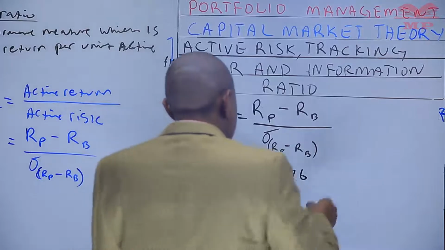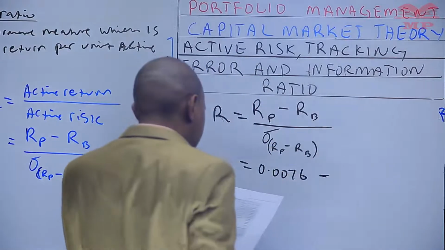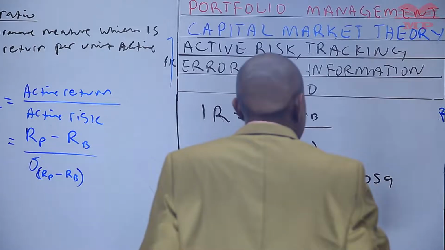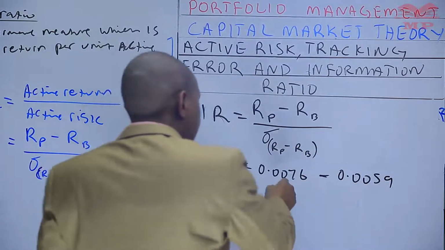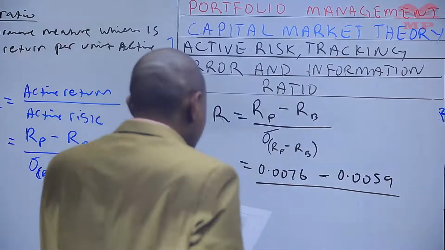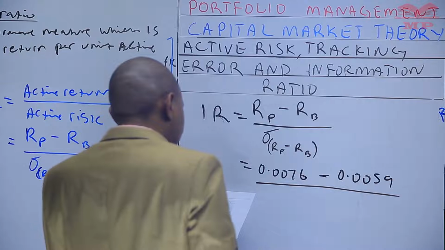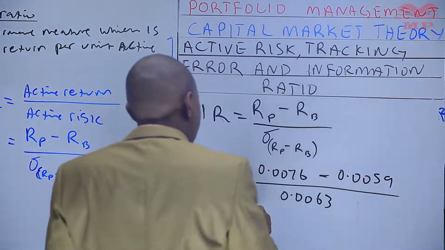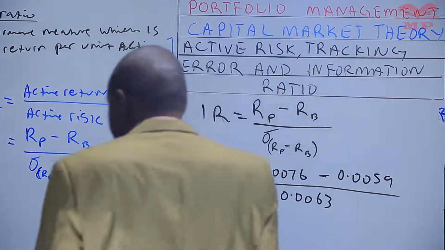Then minus the return on the benchmark, which is 0.0059 given to us over there. Then we divide by the standard deviation of returns between the portfolio and the benchmark. In this case, we're getting the sample standard deviation of 0.0063. So how much do we get as our information ratio?